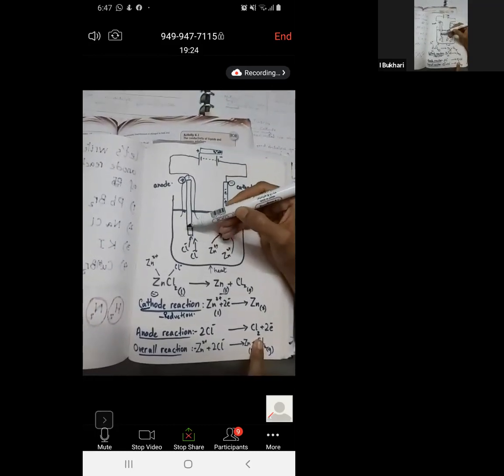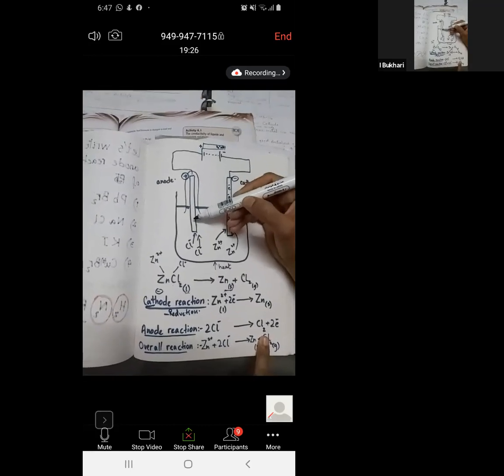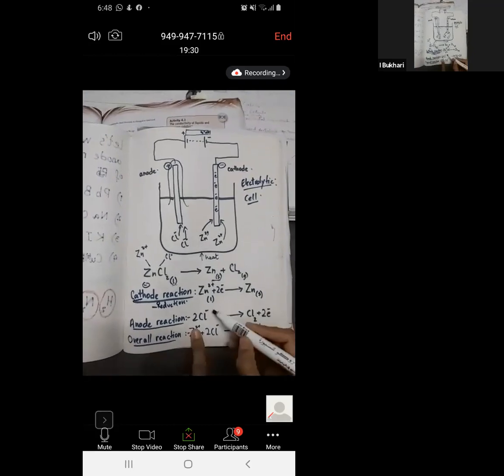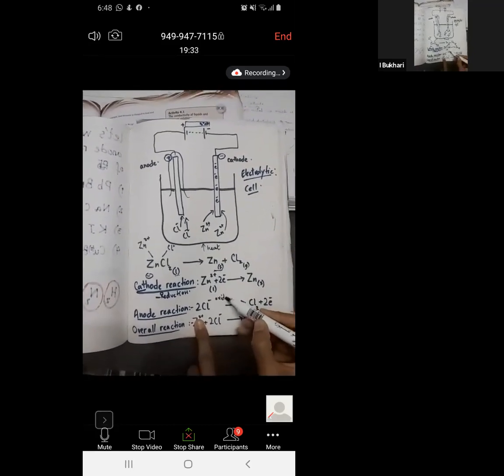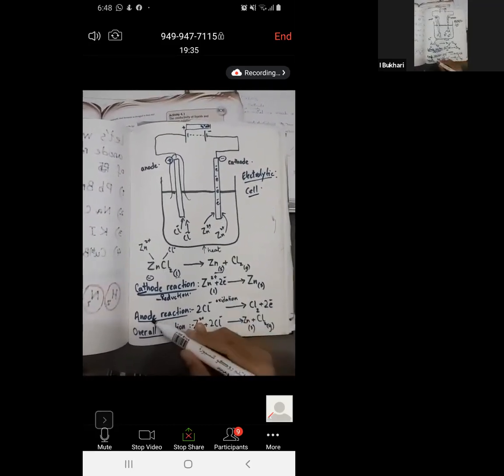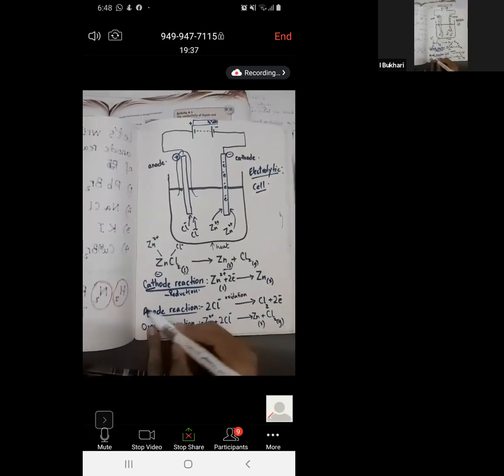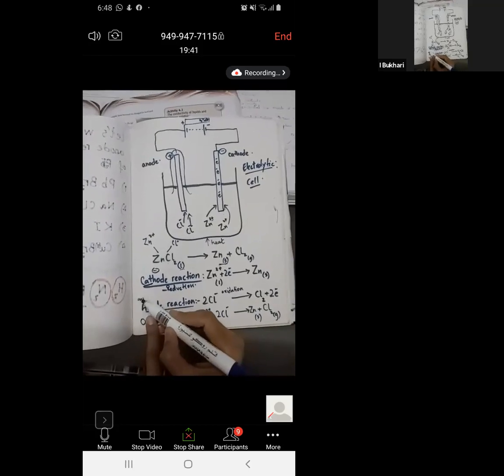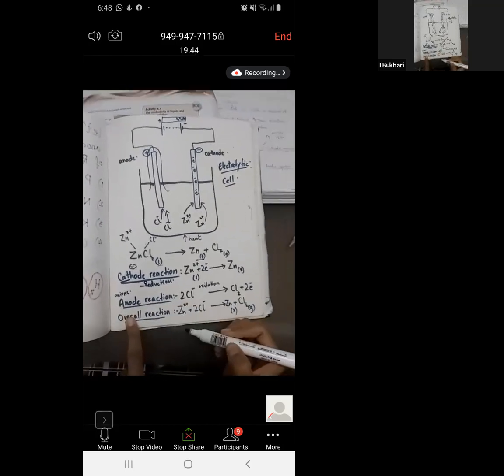So they lose electrons here. Electrons are lost, and loss of electrons is oxidation. So oxidation takes place at the anode. Anode for anions, it attracts anions towards it.